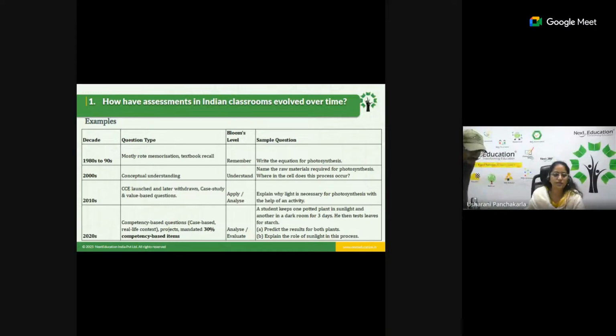Okay. Right. Fine. So now coming to the 1980s to 1990s, you can see more of rote memorization, which means whatever is there in the textbook, we are just right away giving those questions, like what is photosynthesis, or define photosynthesis, or what is osmosis. That pattern of questions is what we used to see in the 1980s to 90s.